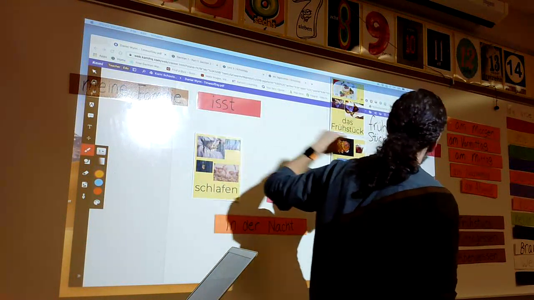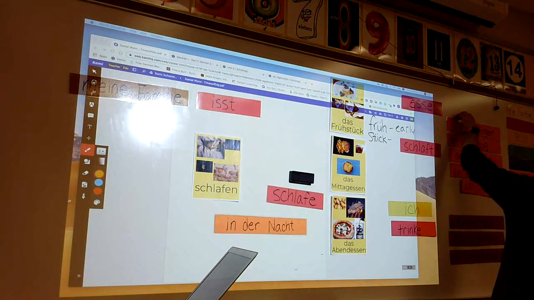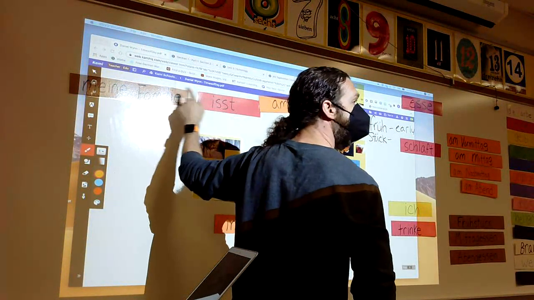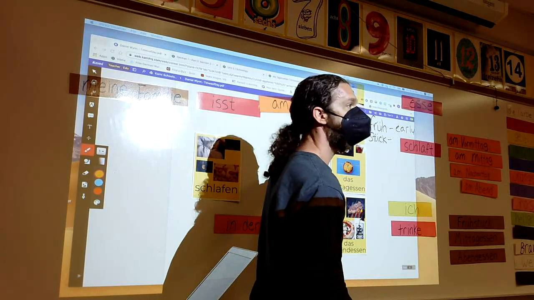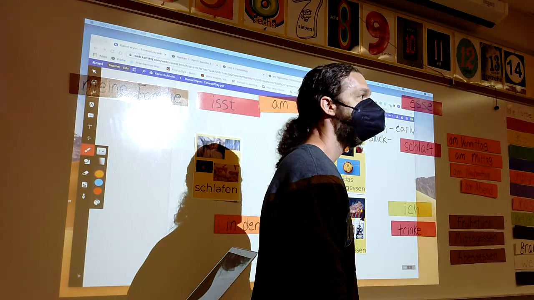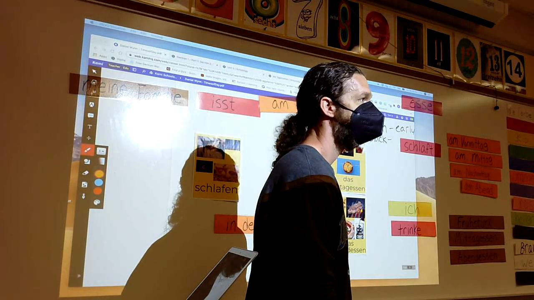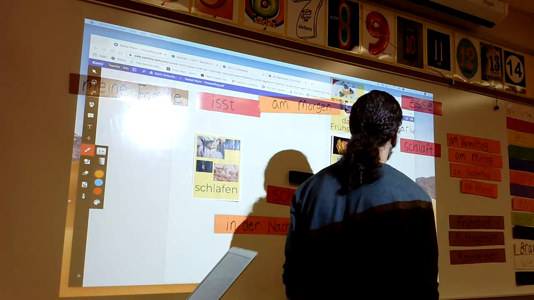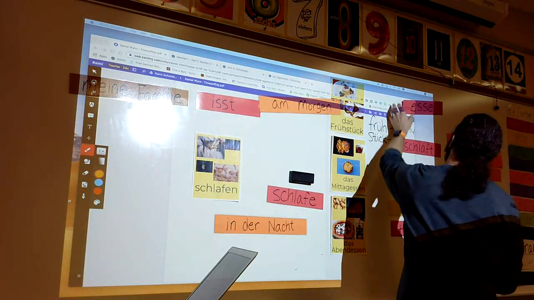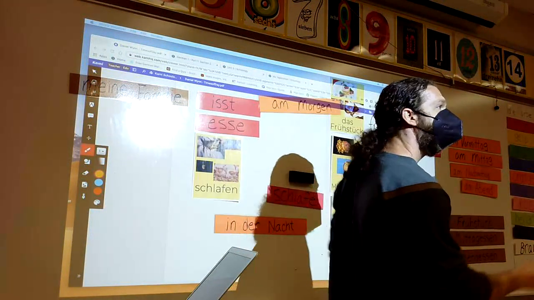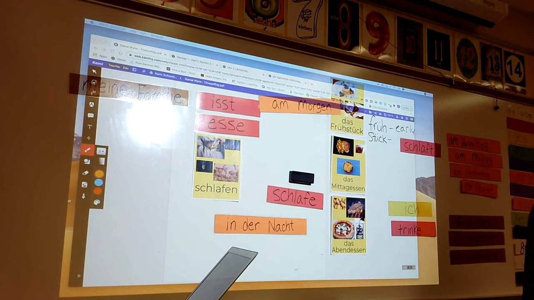So meine Familie isst am Morgen Frühstück. Meine Familie isst am Morgen Frühstück. So what does that mean? Alexis. My family, in the morning, my family eats breakfast. Exactly, good. So why did I use isst instead of essen? Because isst ends in a T, and that's for third person, and S is first person.